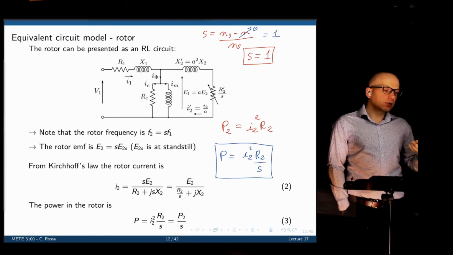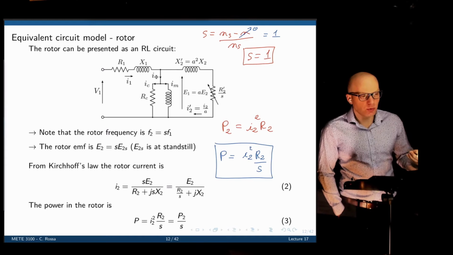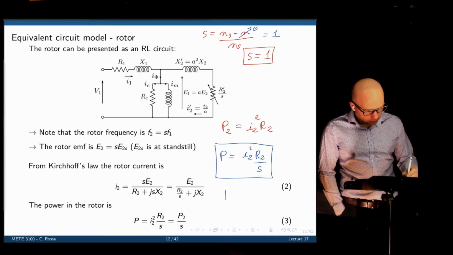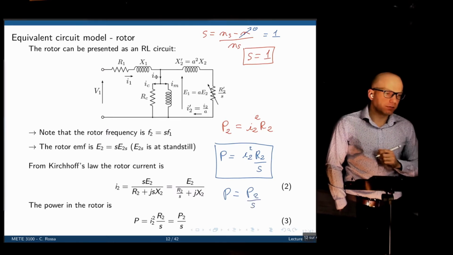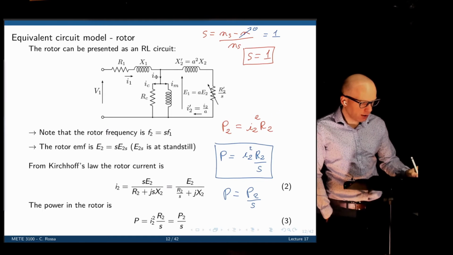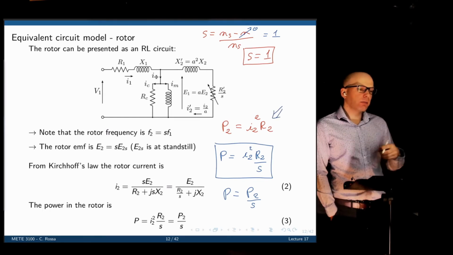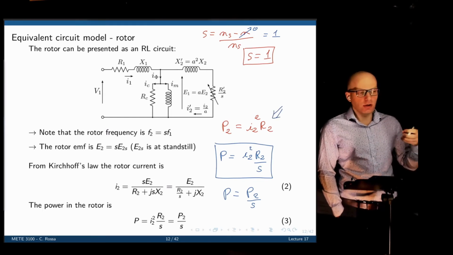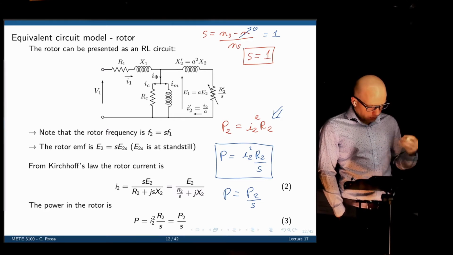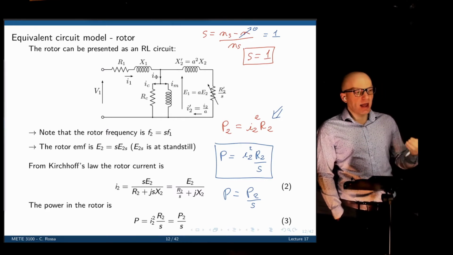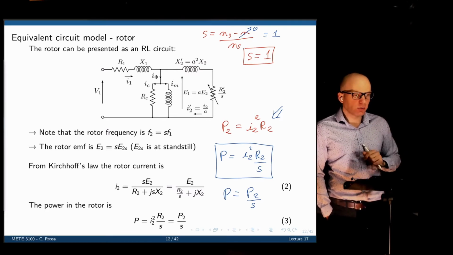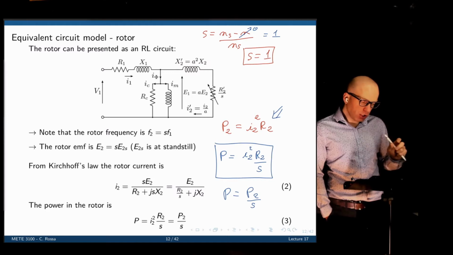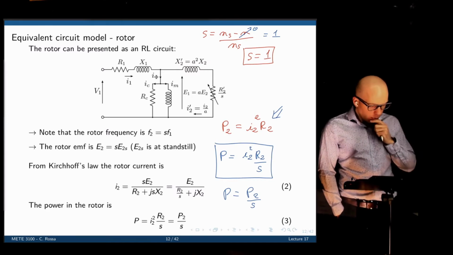The power crossing the air gap is R2 times I2 squared divided by S, or simply P2 over S. P2 is the standstill power, or the power dissipated in the winding of the rotor. And when you divide that by S, that S represents the change in the resistance as the rotor rotates.